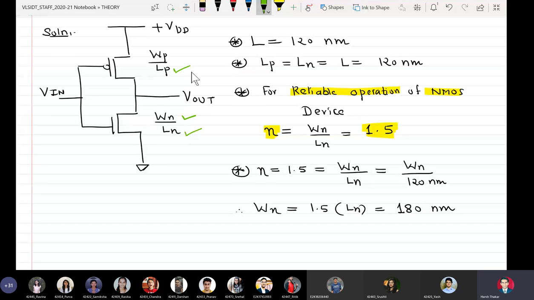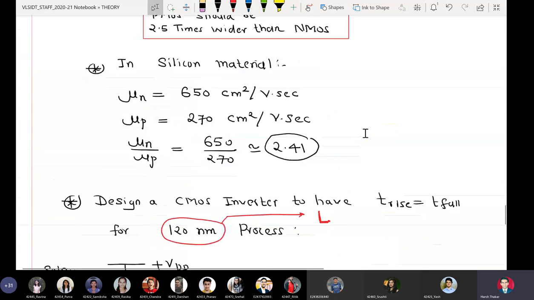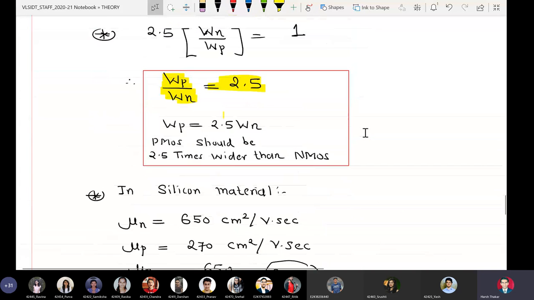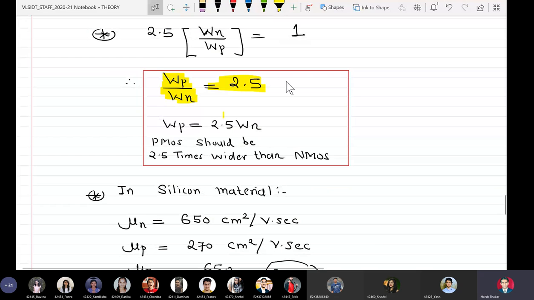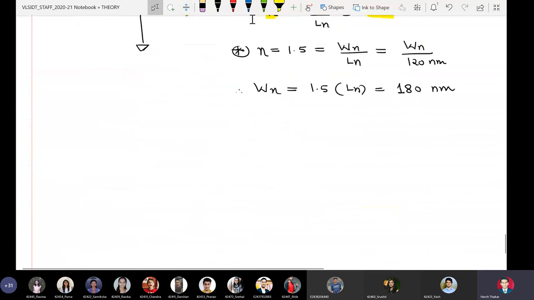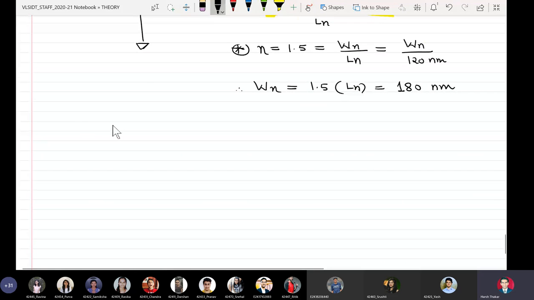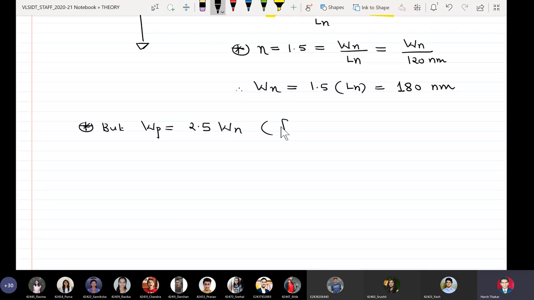Now the question comes, what about the value of Wp? So already in the whole discussion, we already told that Wp should be 2.5 times Wn. Okay, then we write, the width of PMOS is 2.5 times the width of NMOS for rise time equal to fall time.